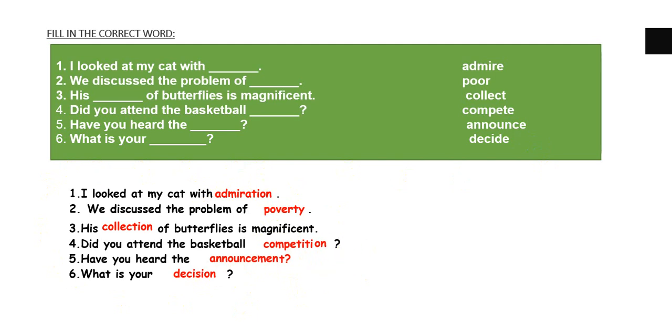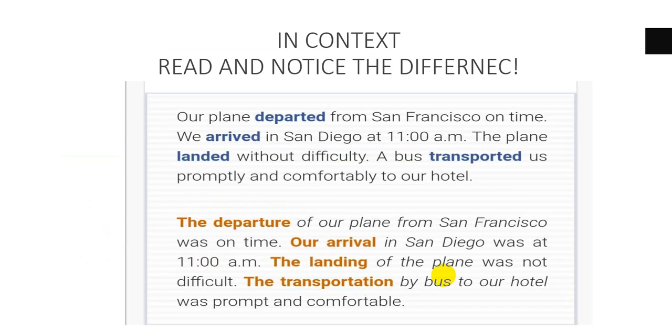So you have to read and memorize the word form. You can sing them a song, you can use a mind map or whatever. But the best way to memorize these words is to use them in sentences, in context, okay? This is what we will do in the next slide.